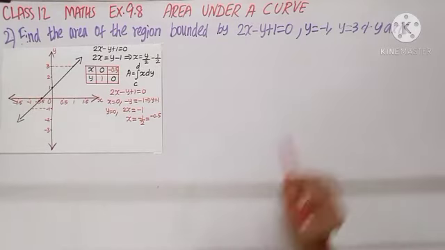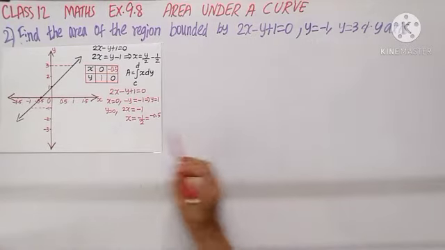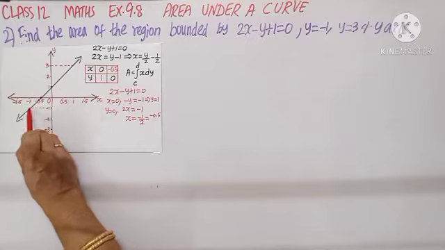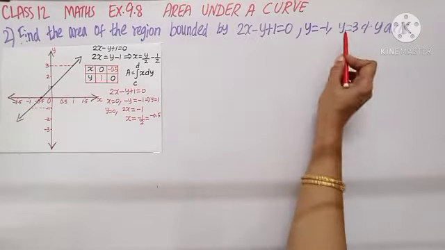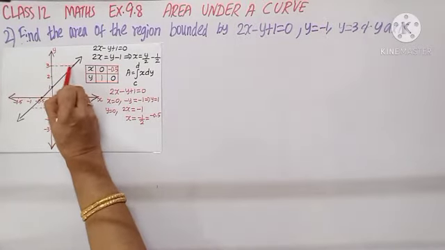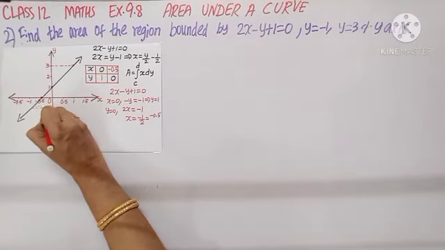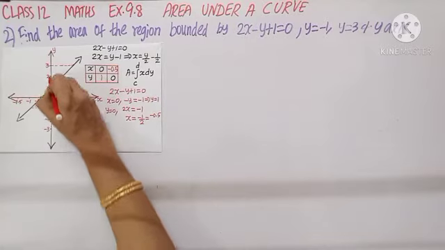Now, what are the limits given in the question? y equals minus 1. You drop a perpendicular; from here, I have drawn. y equals 3. So now I have y equal to 3, the line. Now what portion do I have? Here I have the portions. How to split it?